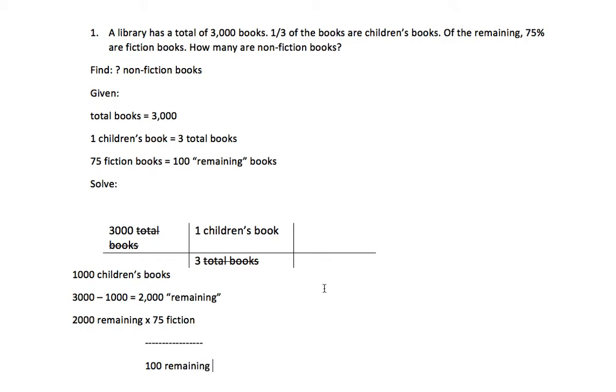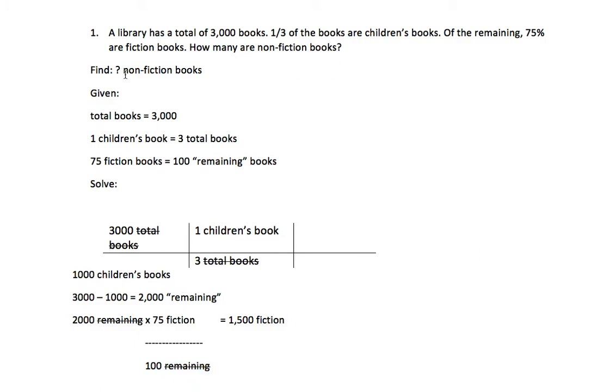So when you multiply that ratio, 2,000 times 75 divided by 100 gives you 1,500 fiction books. Because like with the other ratios, we can cancel out the remaining books and we're left with fiction books.